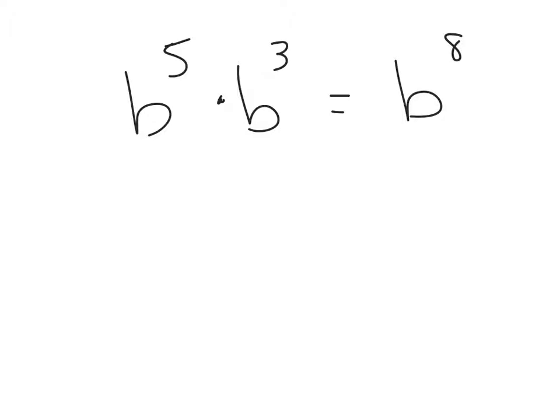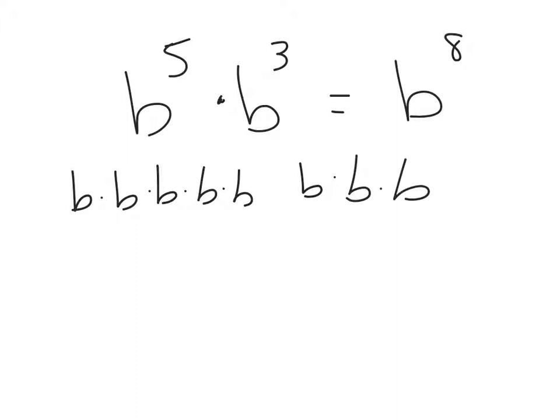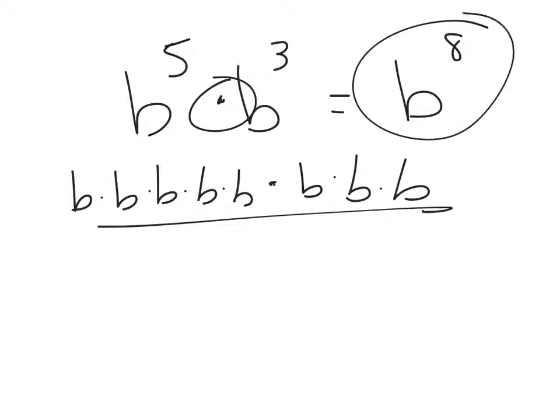That's because b to the 5th is b multiplied 5 times, and b to the 3rd is b multiplied 3 times. So when I'm just multiplying these, it becomes one long multiplication problem of 8 different b's, and that's why that can be simplified as b to the 8th.